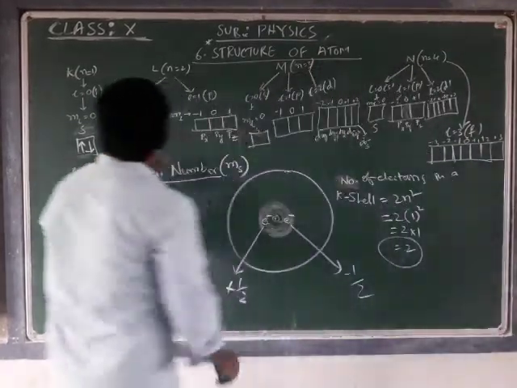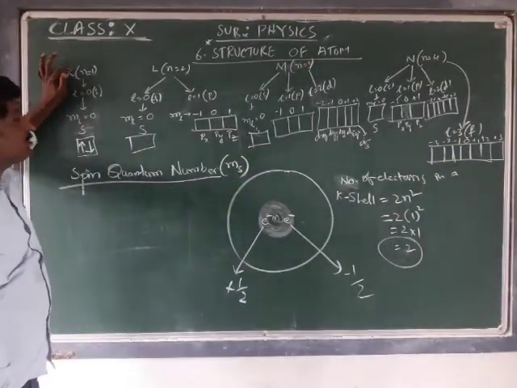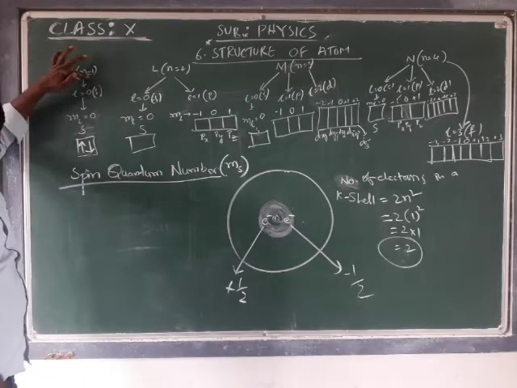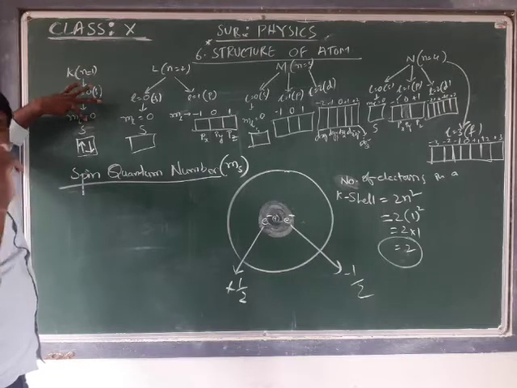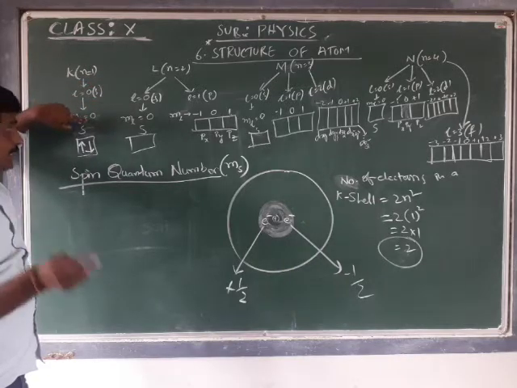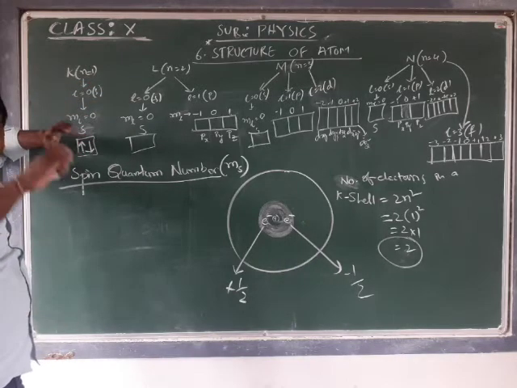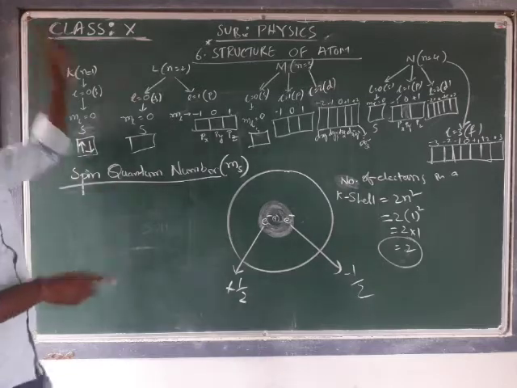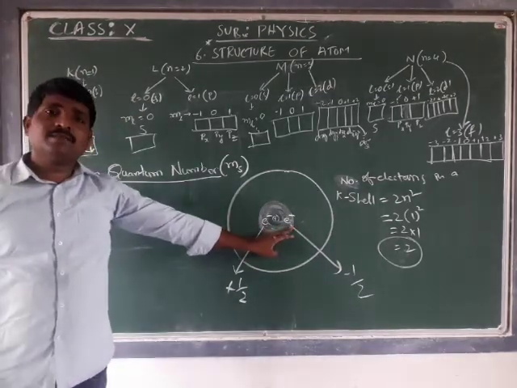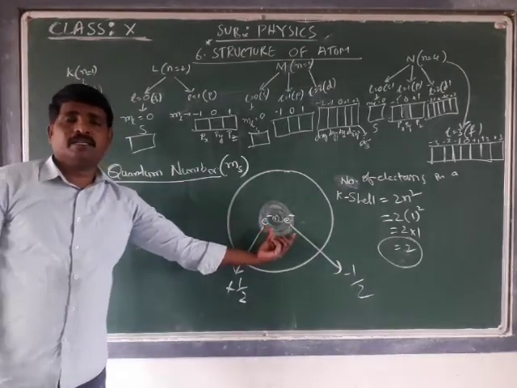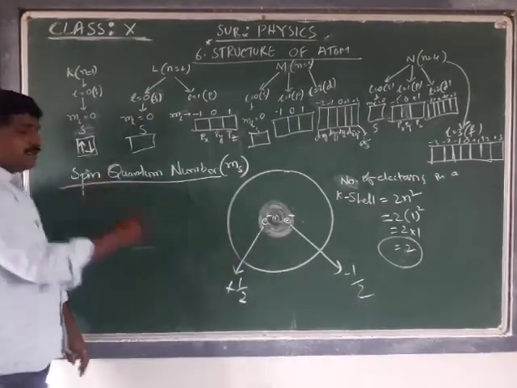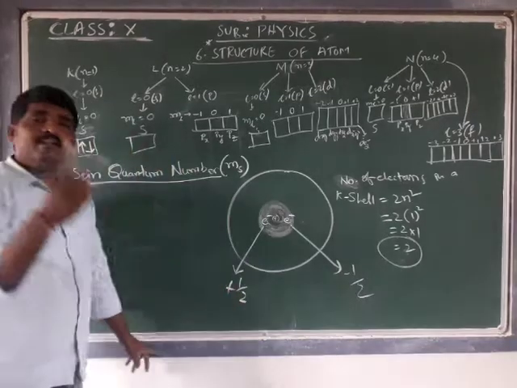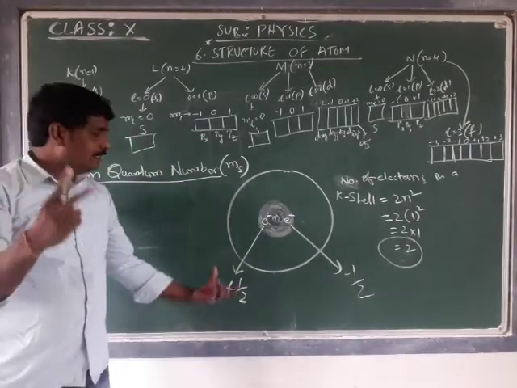That means in the K shell, n is equal to 1, we have one S subshell, with one magnetic quantum number, ml is equal to 0. That means the S subshell is in the form of a sphere, and it can possess 2 electrons. As they are 2 electrons, there is a possibility of 2 spins, they can rotate in 2 ways.